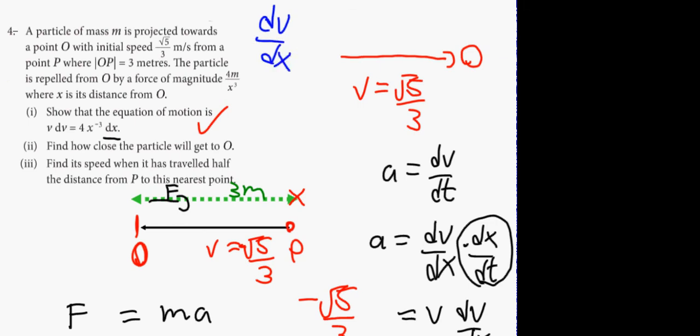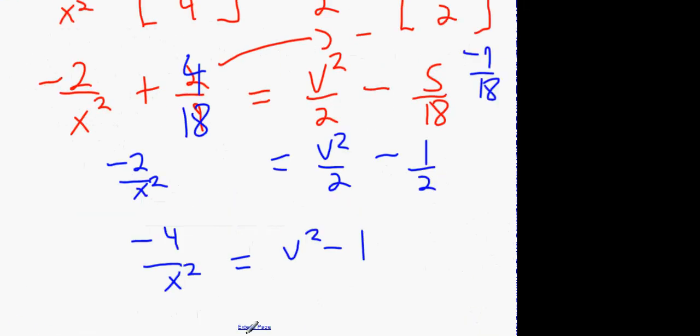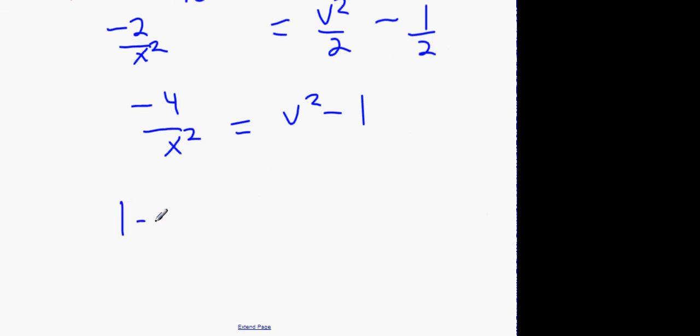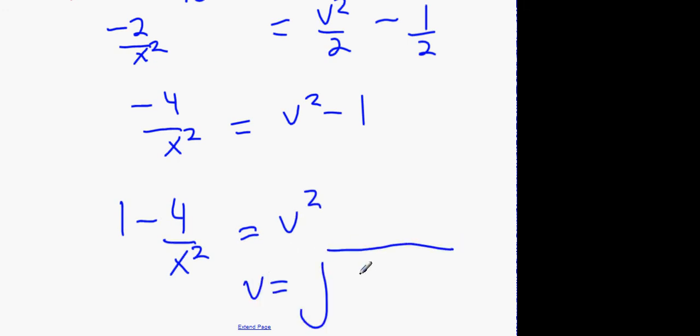So just remember your goal, okay? So bring over the 1. I'm going to get 1 minus 4 over x squared equals phi squared, and phi equals the square root of all that. Now, that's my question done, near enough done there.